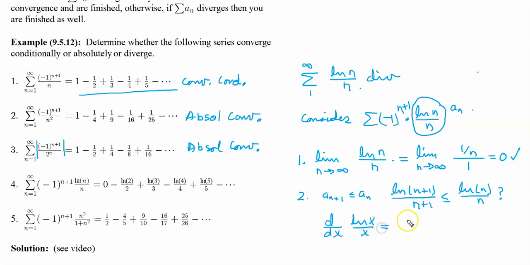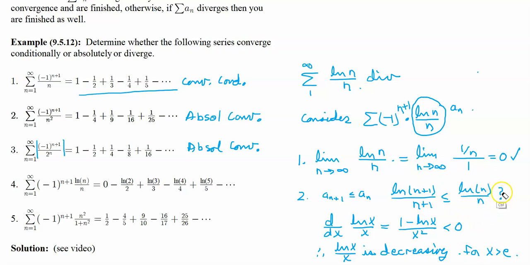right? We found that that was 1 minus the natural log of x over x squared, and we saw that that is actually a negative function for x sufficiently large. So therefore, ln of x over x is decreasing for x sufficiently large, in particular for x bigger than e. And so therefore, this is true.